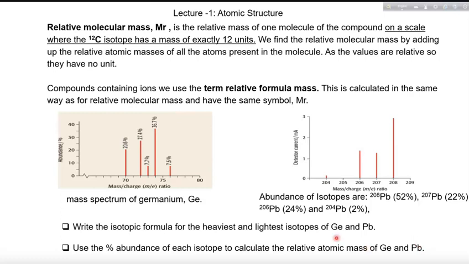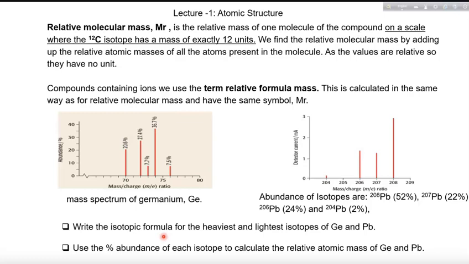Here we have shown a mass spectrum of germanium and a mass spectrum of lead. I have asked, from this picture, which one is the heaviest mass of the isotope of germanium and also the lightest one.